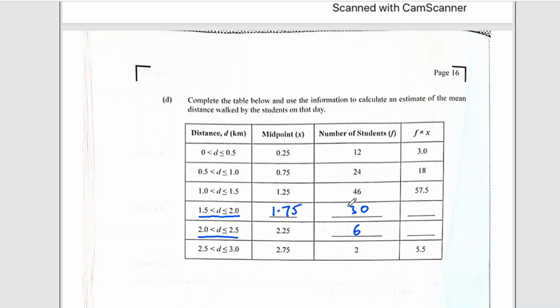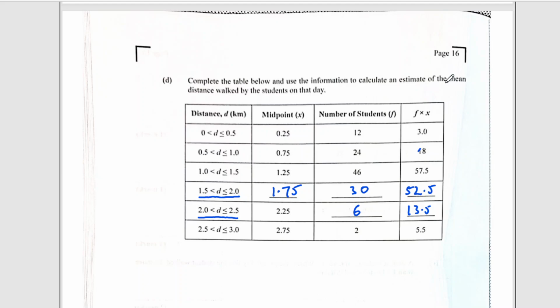1.75 times 30 is 52.5. 2.25 times 6 is 13.5. And then, don't forget to work out the mean. The mean is sum of fx over sum of f.